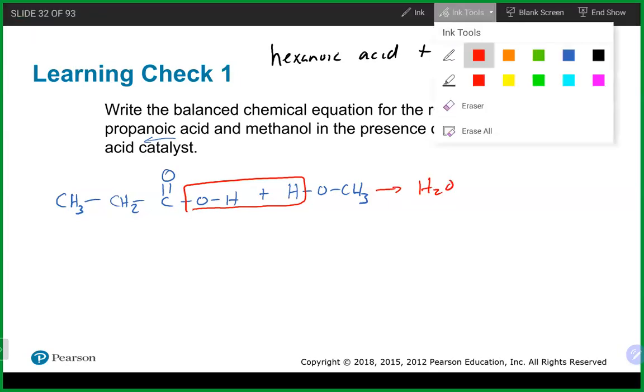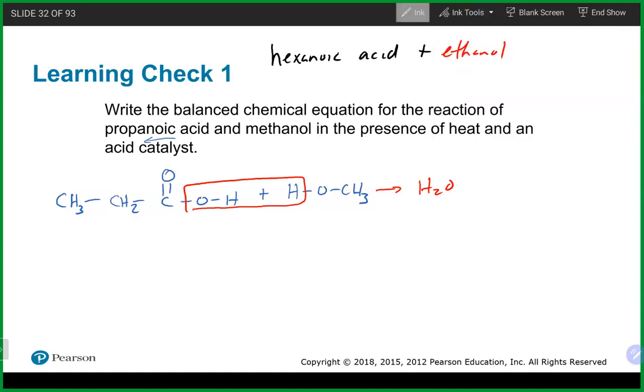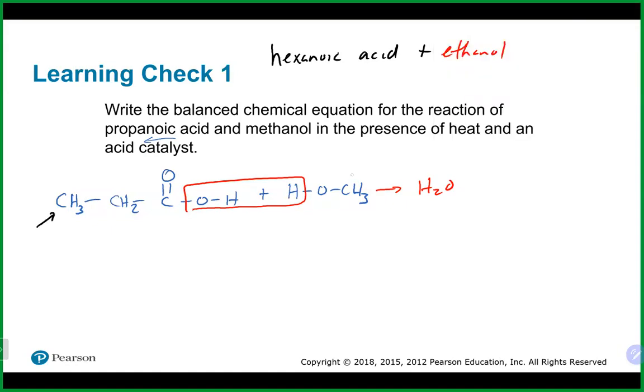And now again, we're just going to copy exactly what is there, and then put this together. We got a CH3, we got a CH2, we got a carbon oxygen double bond. I'm going to skip the box that I took the water out of. And now that's going to give me my ester connection right there to my CH3. Any questions on that there?